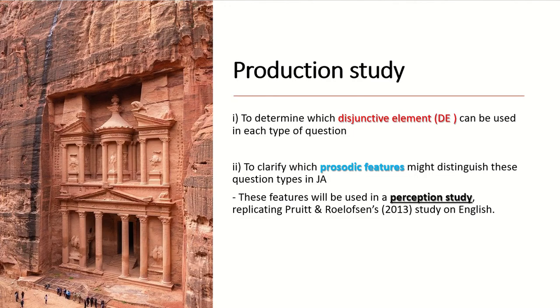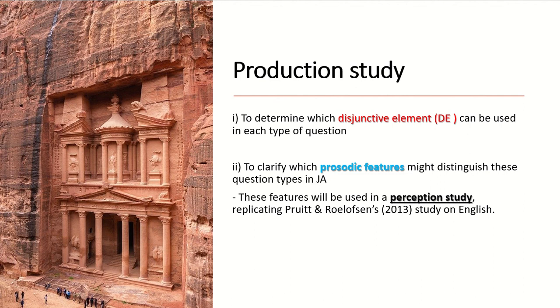Now, the production study was conducted to determine which disjunctive element can be used in which question type, and also to get more details about the prosodic features that might distinguish these two types of questions, because Prout and Rolifson used the prosodic features to test how these two types of questions can be disambiguated.